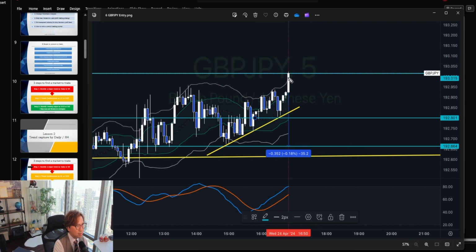In case the market retraces, I have to know exactly when to exit my trade. Would that be here, or here, or here, or the stop loss? I have to know exactly when to close my trade with a small drawdown in case the price goes against me after my entry. So this blue line here, 192.80, is my potential exit timing.